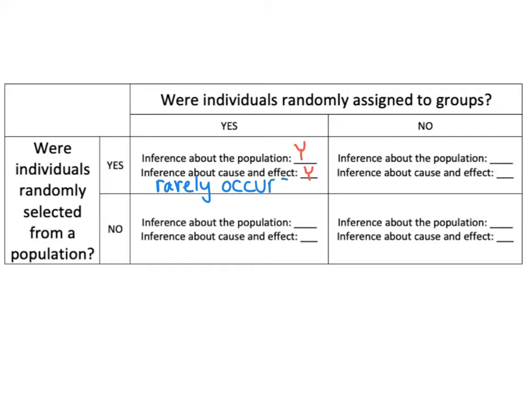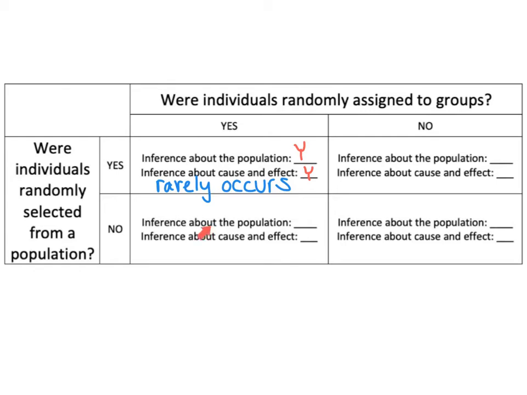Okay, in real life, it's difficult to randomly pull people from a population. Like, think of a medical study. You can't just randomly select people and get them to be part of an experiment and then randomly assign them to different treatments. It's often not going to work out that way.